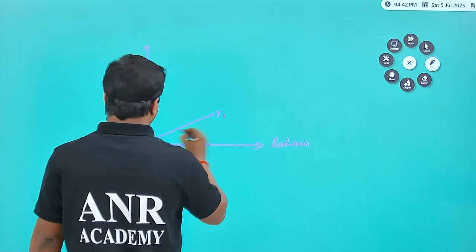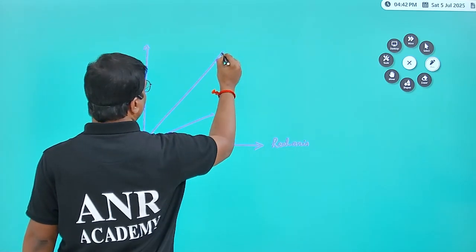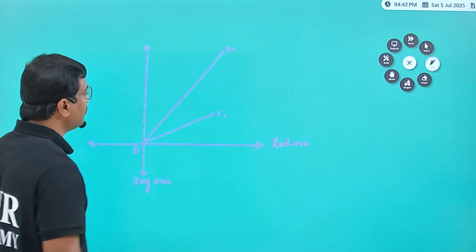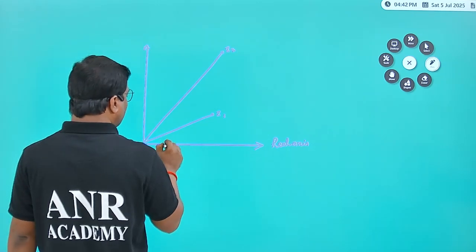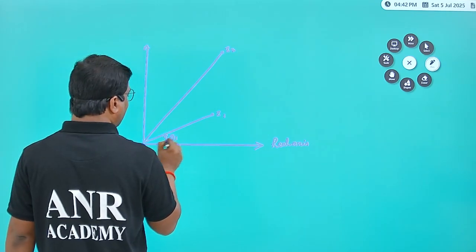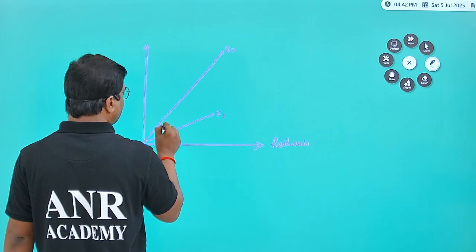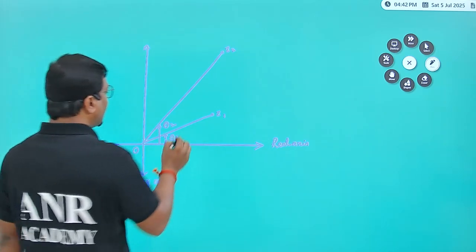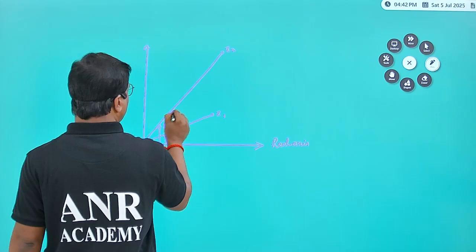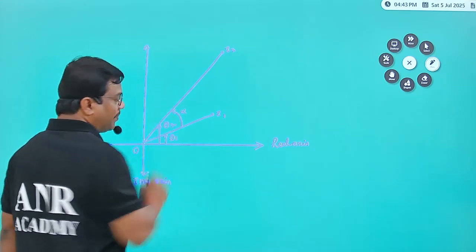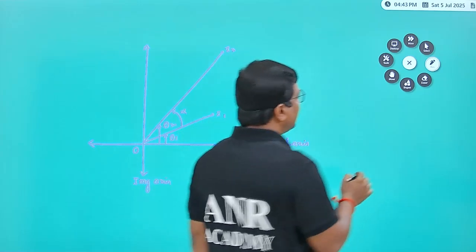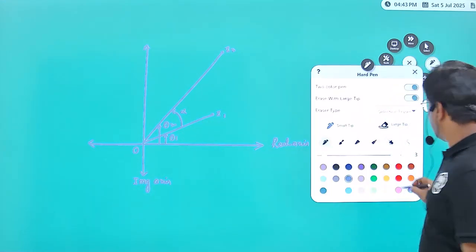Suppose that OZ1 and OZ2 are of different lengths. If OZ1 makes an angle theta 1 with the real axis, OZ2 makes an angle theta 2 with the real axis, and suppose the angle between OZ1 and OZ2 is alpha, then let us discuss the relation by CONI method.